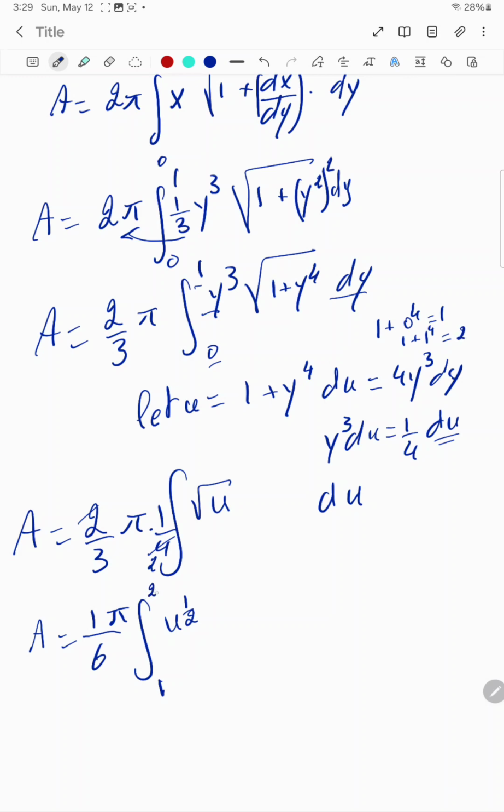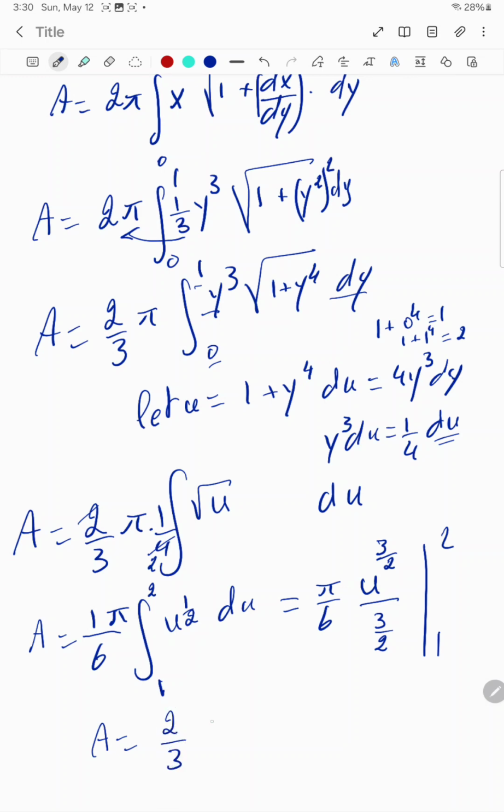So between 1 and 2 now. It becomes pi over 6, u to the power of 3 over 2, divided by 3 over 2, because 1/2 plus 1 is 3 over 2, between 1 and 2.